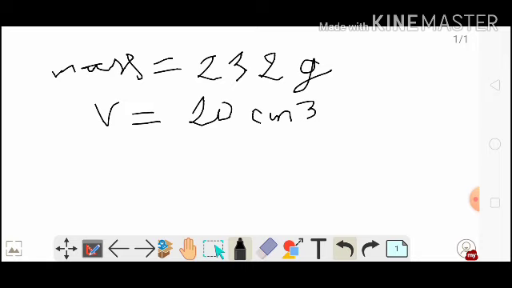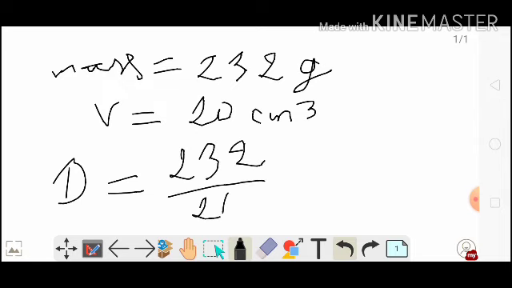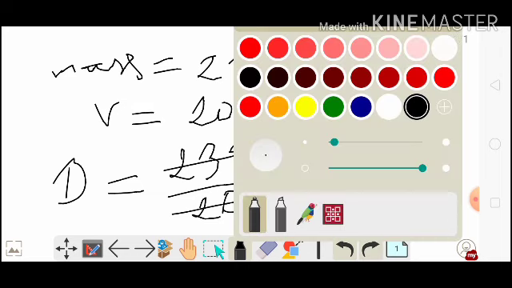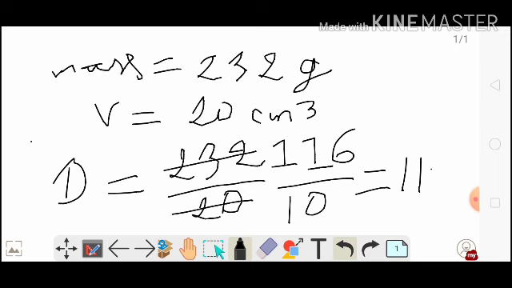First we have to find out the density in gram per centimeter cube. We know that density is equal to mass divided by volume. So 232 divided by 20, just reduce it: 116 divided by 10, so it will be 11.6 gram per centimeter cube.